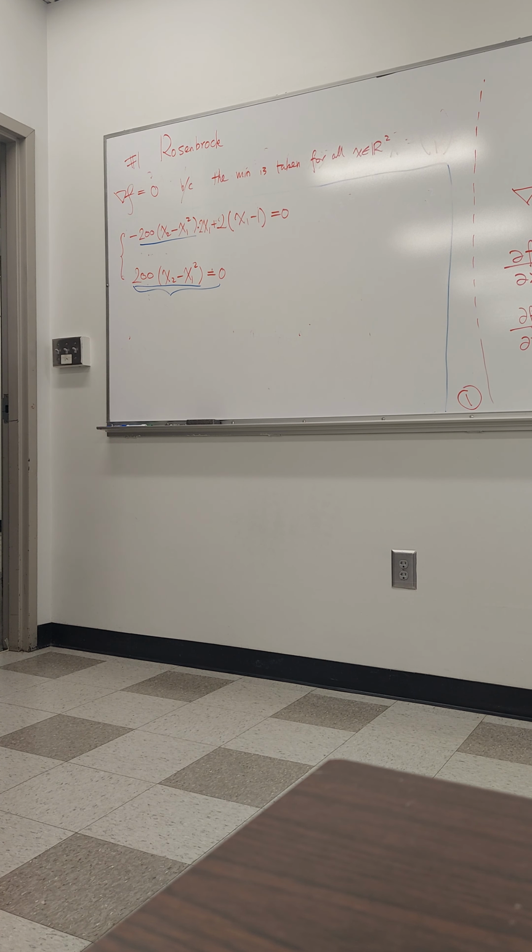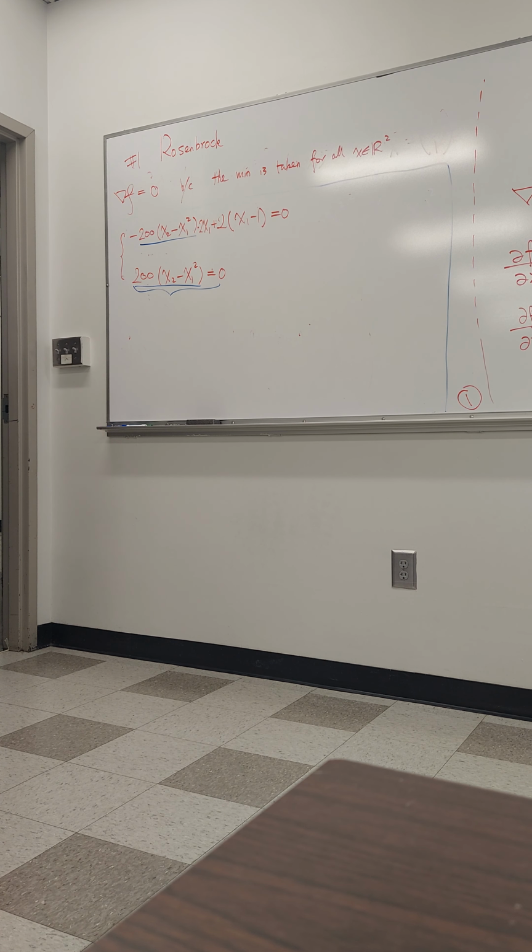All right, so anyway, now let's take the Hessian. The first row is the gradient of partial f partial x1, and we also take the gradient of partial f partial x2.